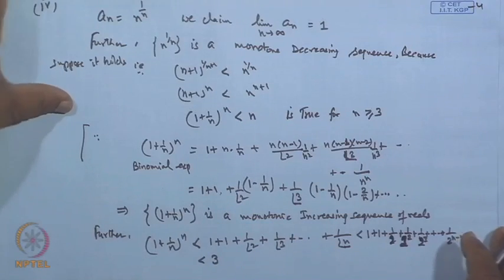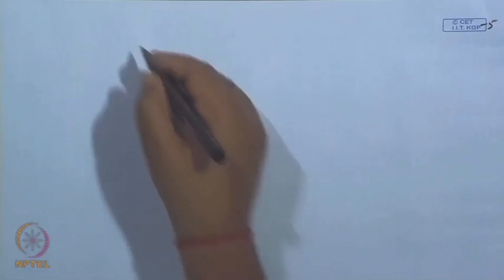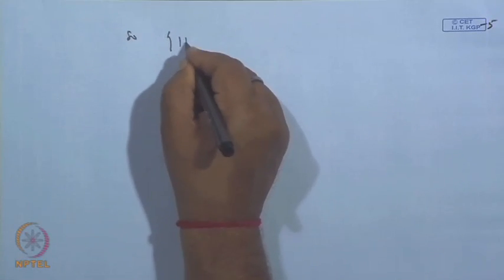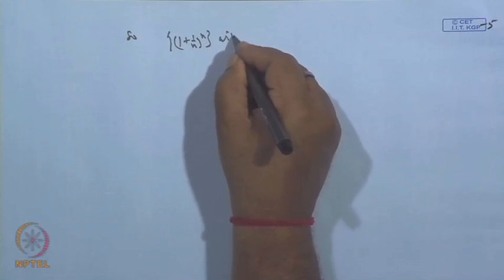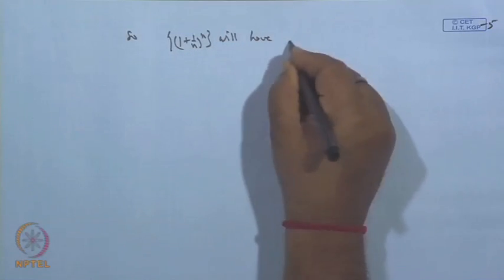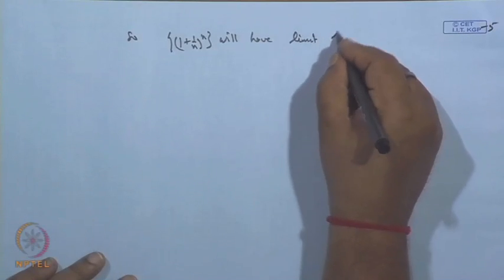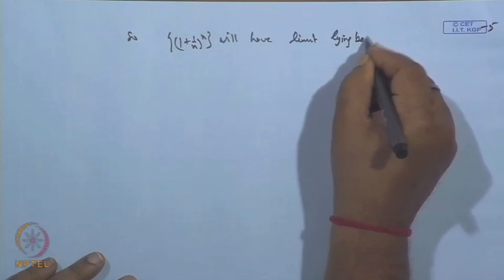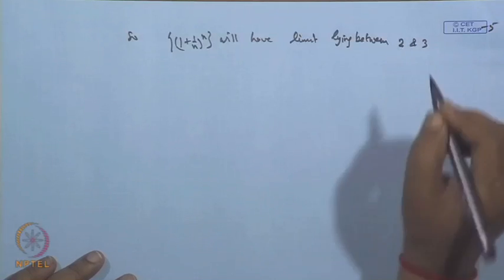So the sequence (1 plus 1 by n) to the power n will have a limit lying between 2 and 3. Okay?